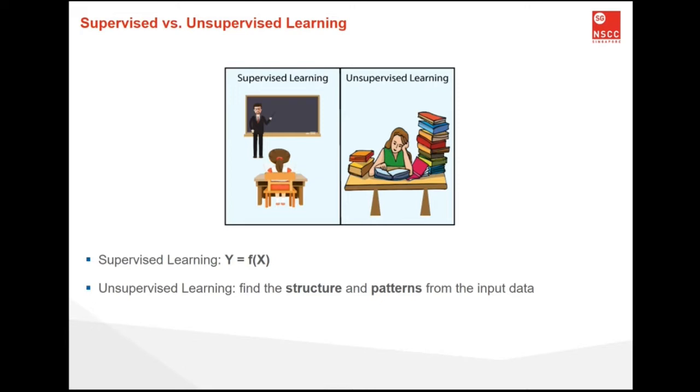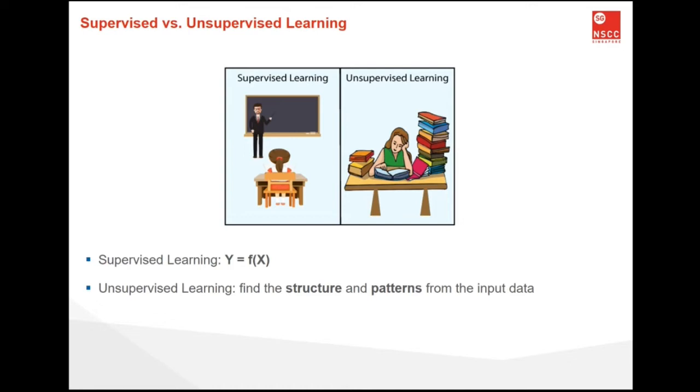Unsupervised learning is another machine learning method in which patterns are inferred from the unlabeled input data. The goal of unsupervised learning is to find the structures and patterns from the input data. Unsupervised learning doesn't need any supervision. Instead, it finds patterns from the data on its own.